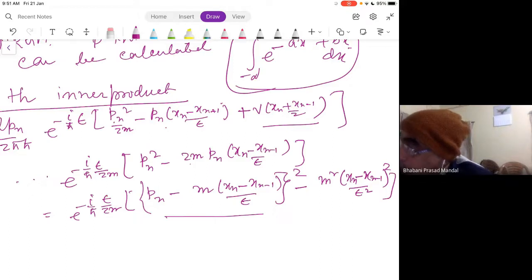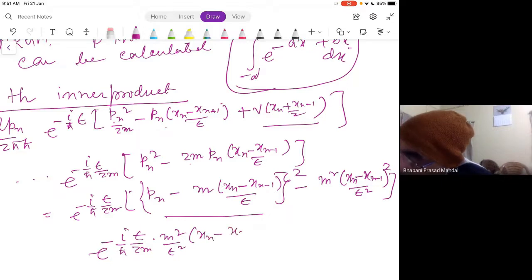But before that, let me get back to this term. This term is minus i h cut epsilon by 2m, then m square epsilon square, xn minus x n minus 1 over epsilon, whole square.